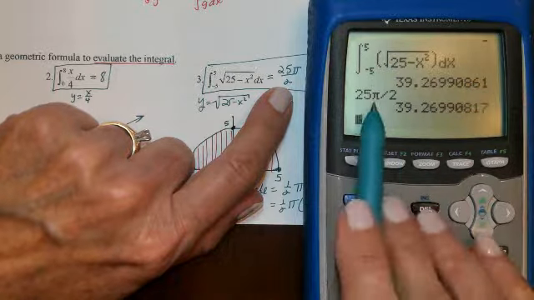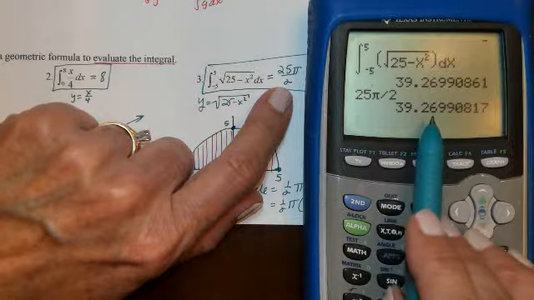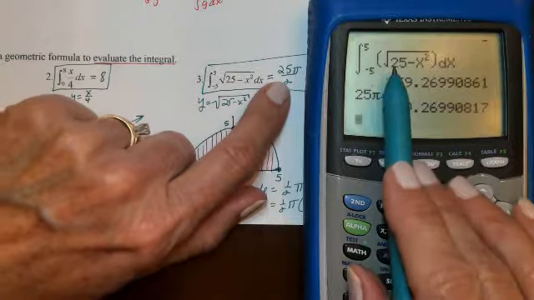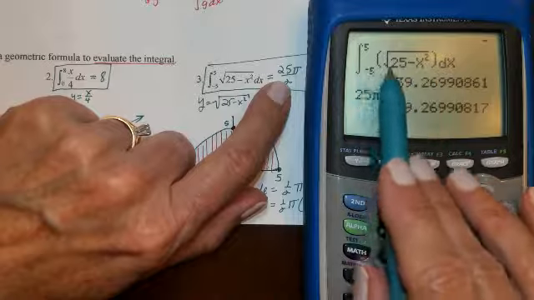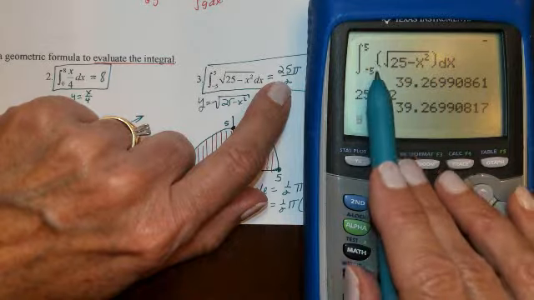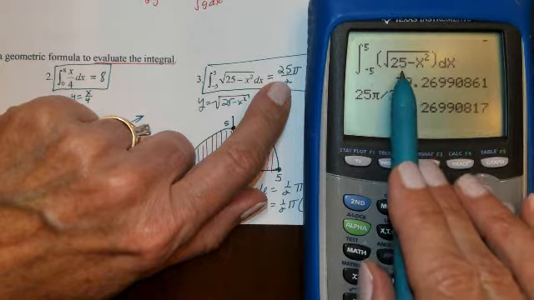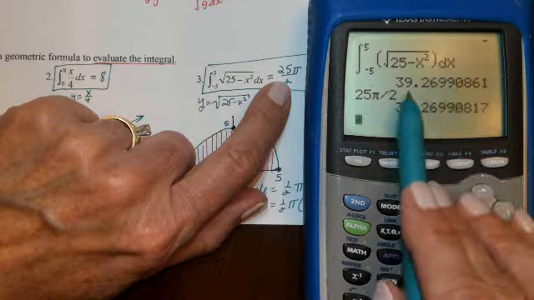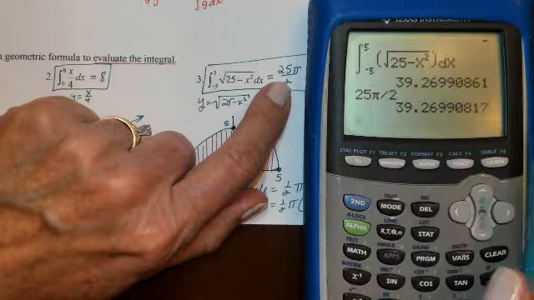The 25 pi over 2 is the exact answer, okay? The calculator uses a numerical method to evaluate every definite integral. And numerical methods have errors. Okay? So sometimes you can see the error and sometimes you cannot see the error.